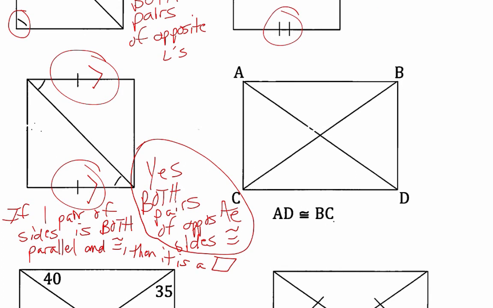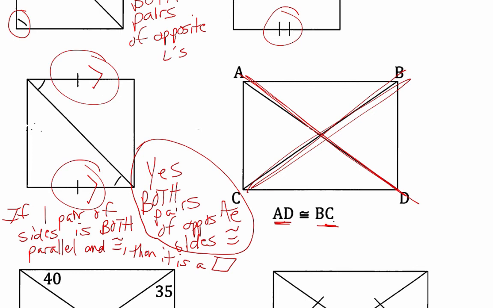Next example, we are given that AD is congruent to BC. So this segment, this diagonal AD, is the same as this diagonal BC. If I go to my list of reasons, I don't know that both pairs of opposite sides are congruent. I don't know that both pairs of opposite angles are congruent. I see no numbers to see if my angles are supplementary.